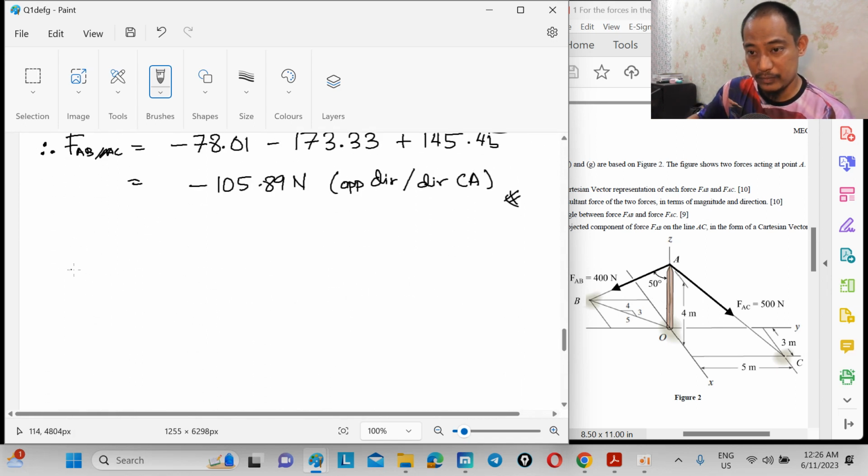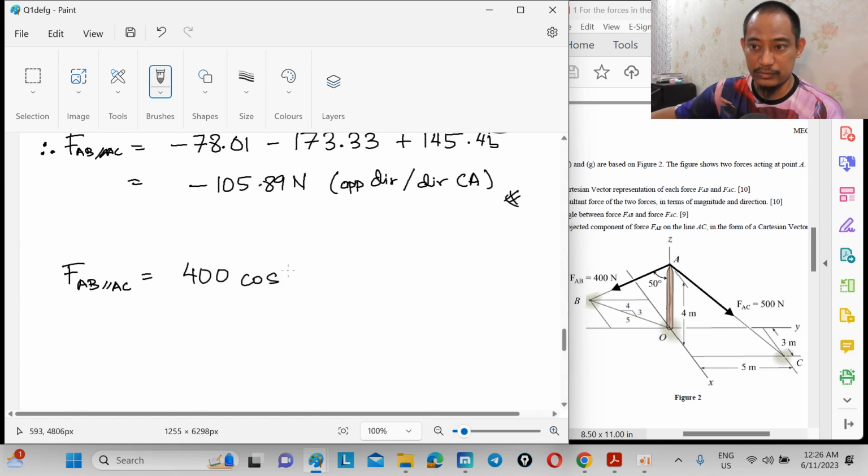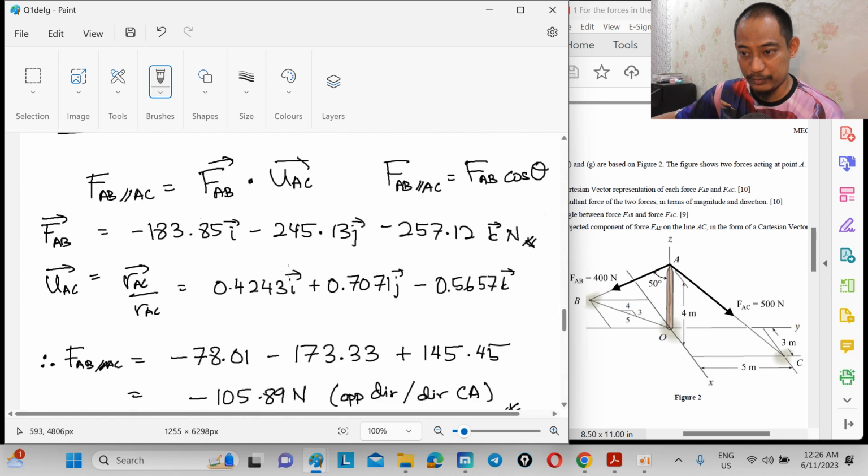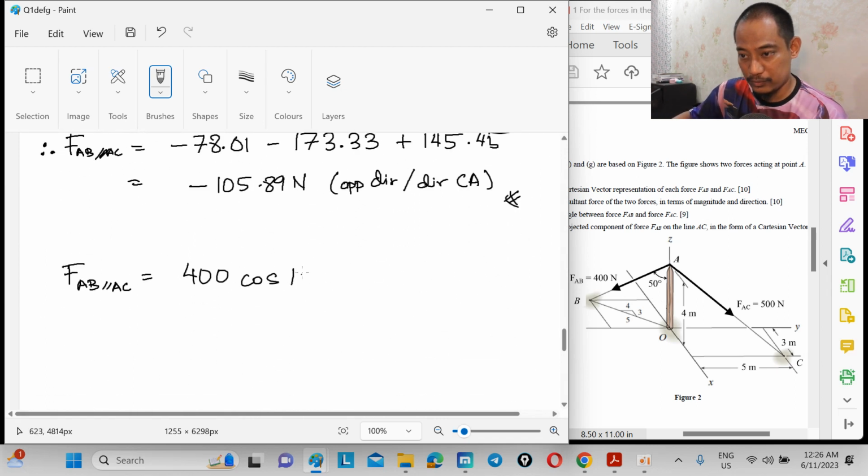Now, if you want to use the second equation, FAB projected on AC is FAB cos theta. So what's the magnitude of FAB? 400 cos theta. Theta is what we have just now, 105.4 degrees.